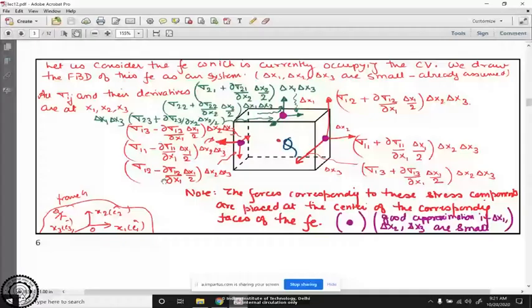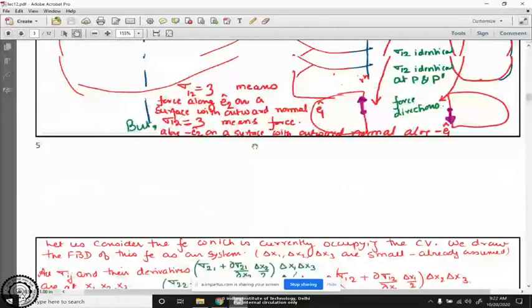Similarly, the force you get using sigma 1 2 is presented with a downward arrow pointing in the minus E2 direction. And the force component you get with sigma 1 3 is drawn pointing in the negative E3 direction. This opposite sense has been put here on the slide, keeping in mind what I explained on the last two slides.